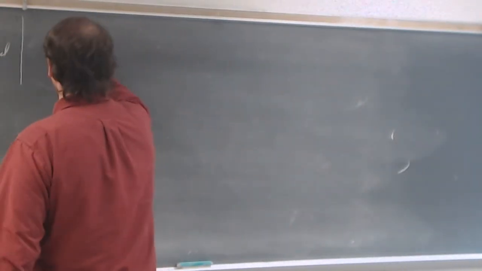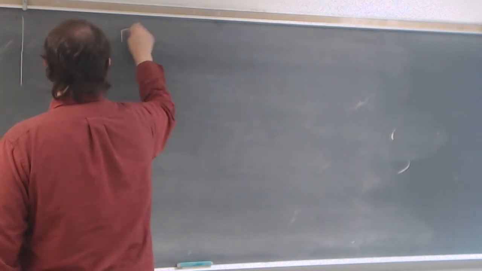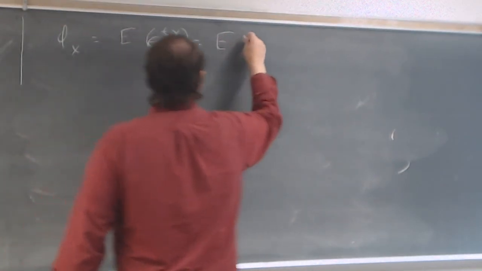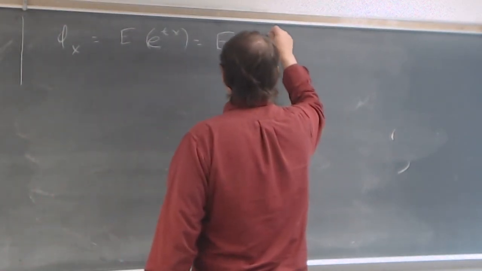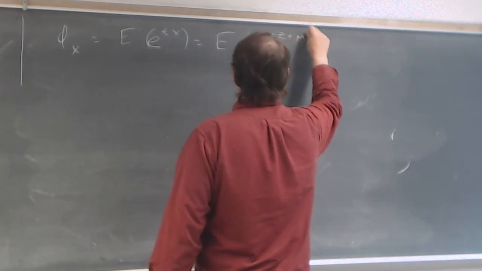And so phi of x is going to be equal to the expected value of e to the t x, which is going to be equal to the expected value of e to the t times (sigma times z plus mu).